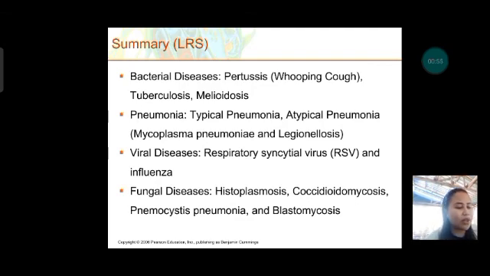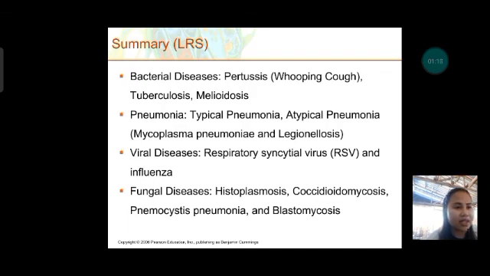Typical pneumonia is also known as pneumococcal pneumonia, and for atypical pneumonia, we have tackled two: Mycoplasma pneumoniae and legionellosis.